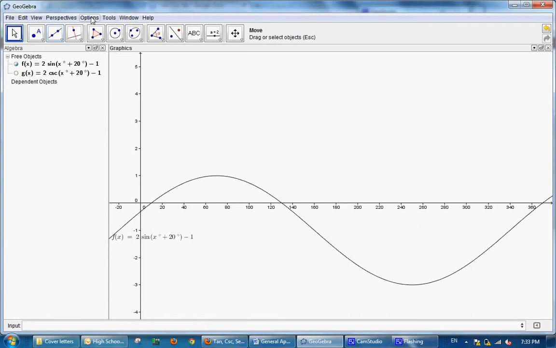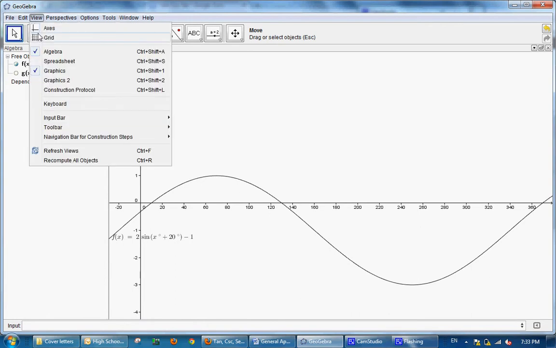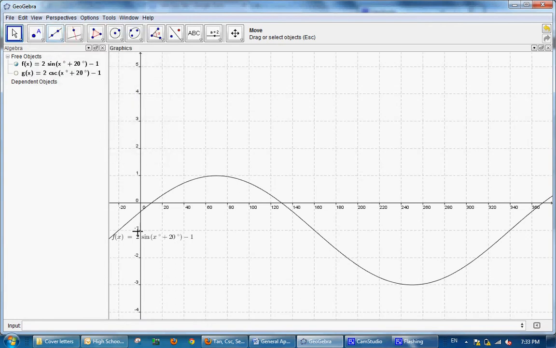I also want to show you real quick. We'll just put the grid on. What we know here is that at the beginning of our curve, we went down 1 and we went to the left 20 degrees. So my middle is this horizontal line, so let's go ahead and graph that: y equals -1.